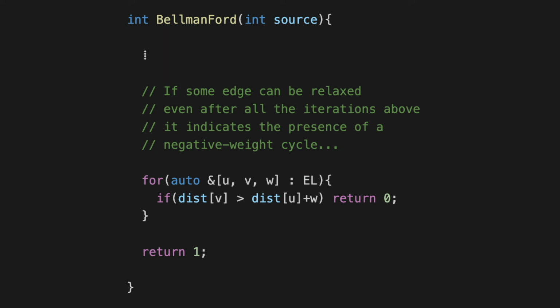But if we survive this loop, if the control does not return from inside this for loop that we have at the end, then we can return 1 to say that we have properly found all the distances from the source S. So this is the complete implementation of Bellman-Ford, and I think it's again a really elegant algorithm, and it handles this most general situation that we are working with really well.